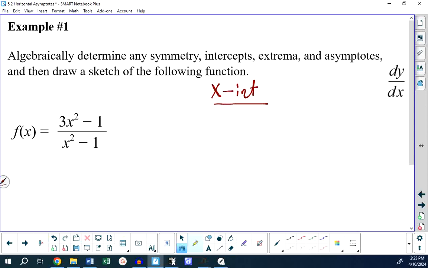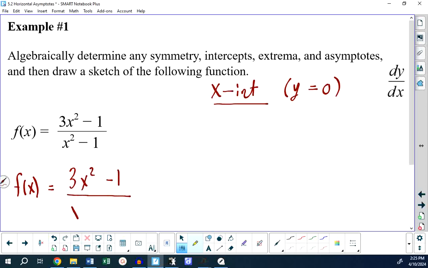Yes, it's true that this is where y equals 0, but with a rational function, I just want to rewrite this. And I feel as though I don't want to repeat myself over and over again, so anytime I talk about a rational function, I'm talking about positive exponents. I'm talking about somebody has simplified it into a nice form.